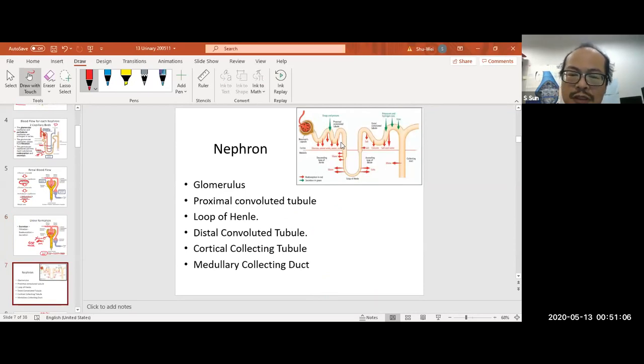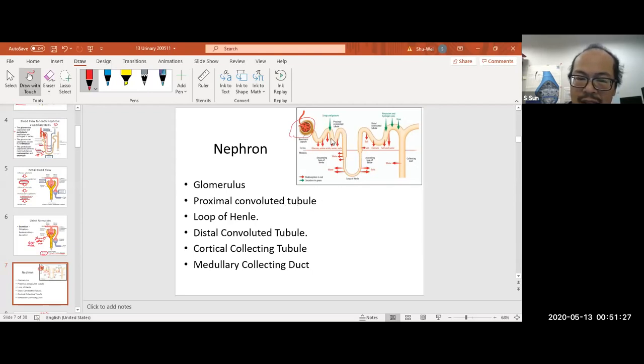The structure of the tubule has several portions. First is the glomerulus, right here. Following that is the proximal convoluted tubule.